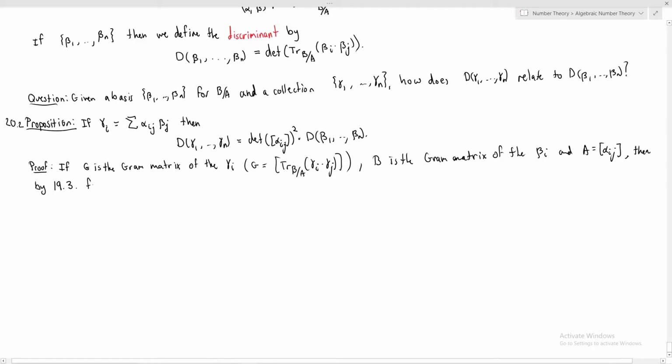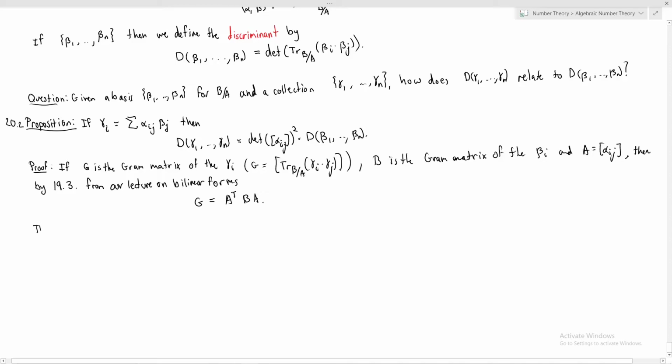By 19.3 from our lecture on bilinear forms, G is going to be A transpose B times A. Okay, so the Gram matrix in the gamma i's is related to the Gram matrix of the beta i's via A in this way. And then basically to compute the discriminant, I just need to take determinants.